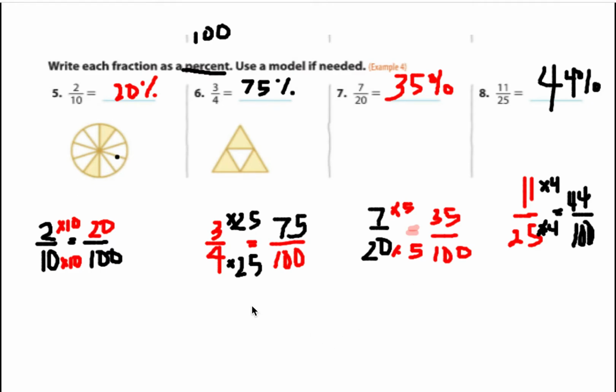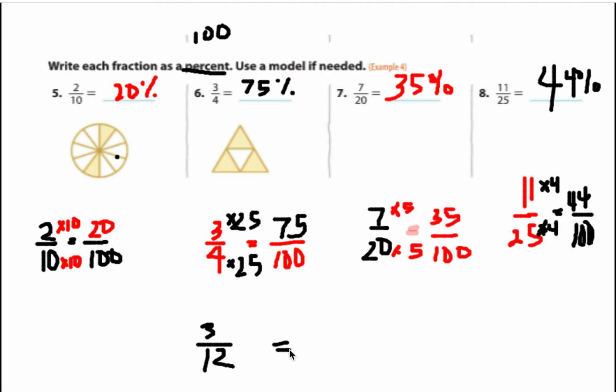The question is, a lot of kids might ask, what if I can't get a number to give me 100? Listen, the denominator does not work that way. It just doesn't work. For instance, what if I had 3/12?